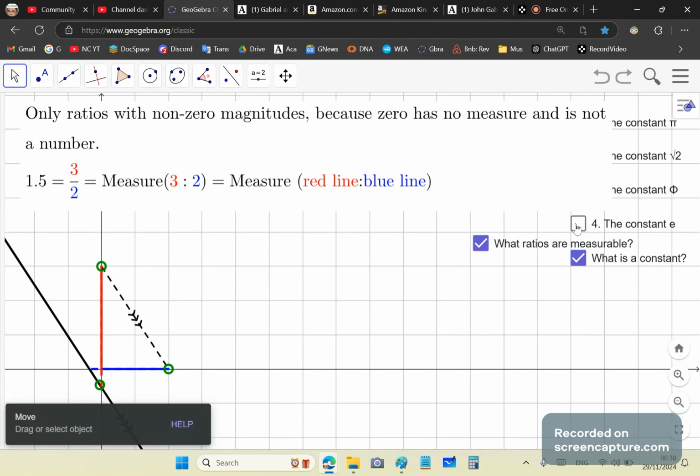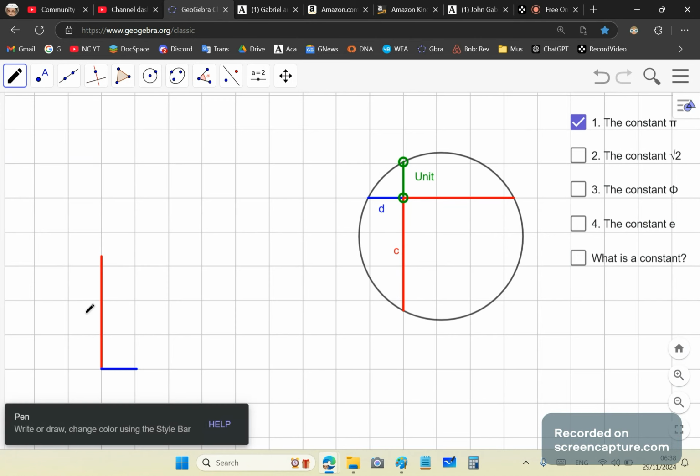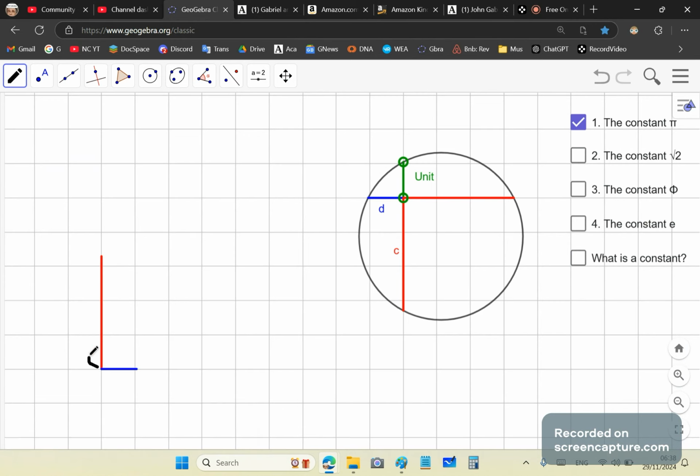The constant pi is realized when we take the diameter of a circle and try to measure the circumference. So let's get a pen. If we have this as the diameter, then it measures the circumference 1, 2, 3, and a little bit. We don't know this little bit. We can make it more precise with many techniques.